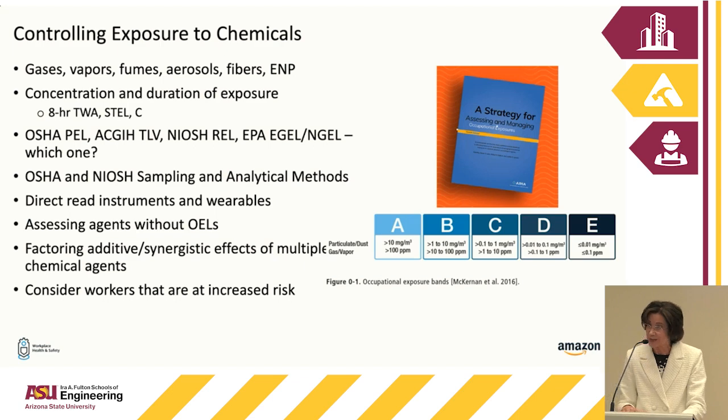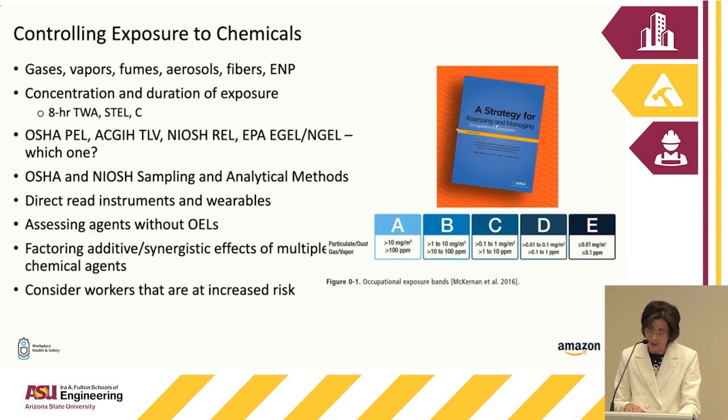So chemicals, the challenge of applying prevention through design to chemical hazards is significant. We recognize that chemical concentrations can vary significantly depending on the operation, depending on the way the worker stands next to the machine, depending on their work practices, or even shifts or work days.